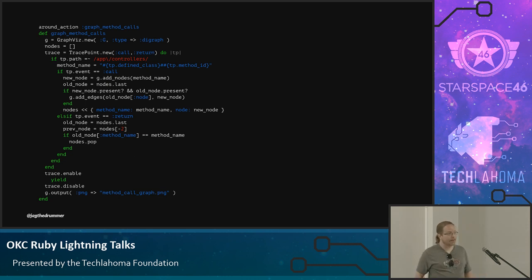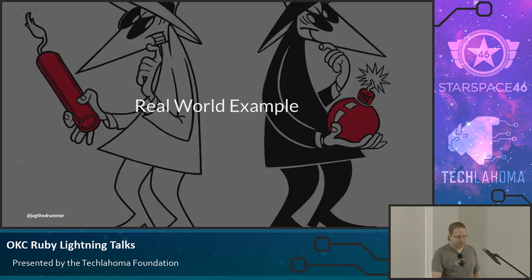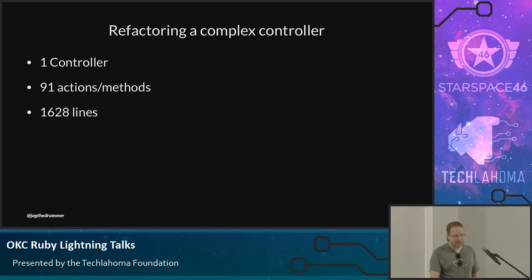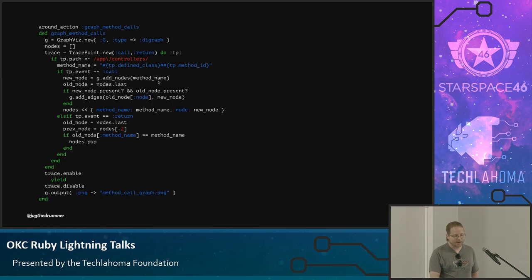Does the handler end up getting events for the handler? Oh, that's an interesting question. I think what you're asking is, since this is a block that you pass to TracePoint, if you registered to be notified about bcall and breturn, or line, will the execution of your TracePoint handler generate new TracePoints?